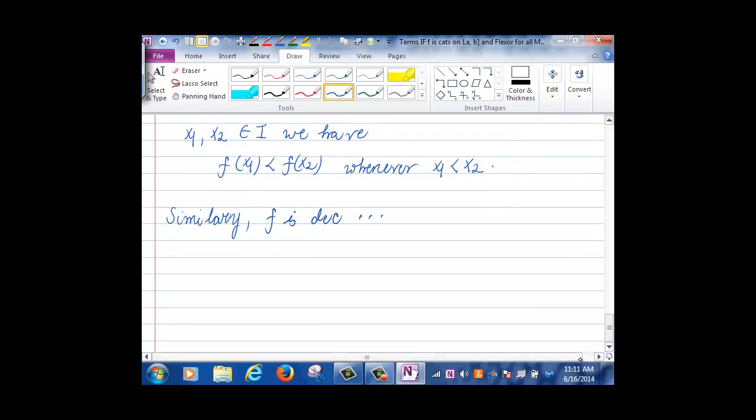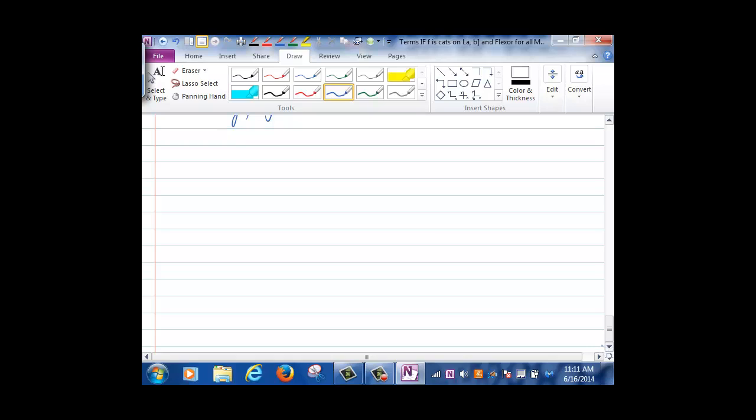Let me show you graphically what it means to say that f is increasing over an interval and decreasing over an interval. Here's an example. This is my x-axis and my y-axis. If I have a function which is increasing, the graph is rising up from left to right.